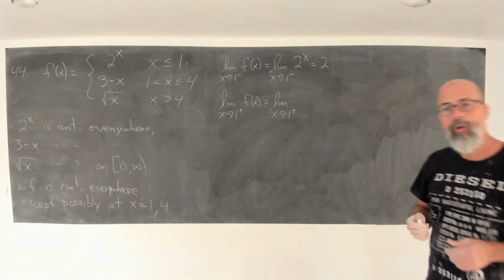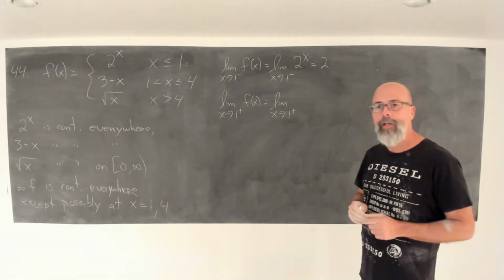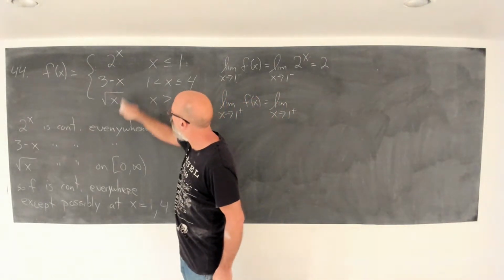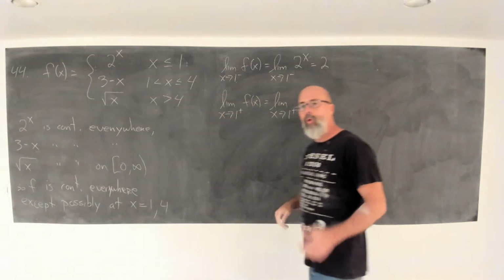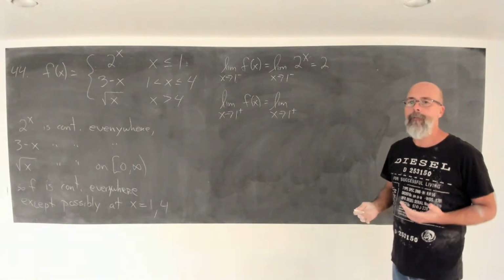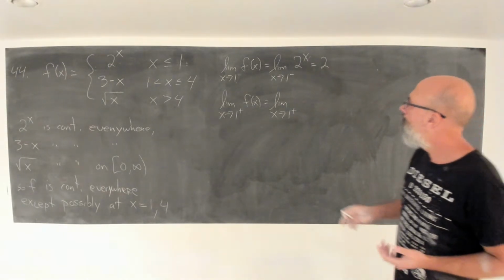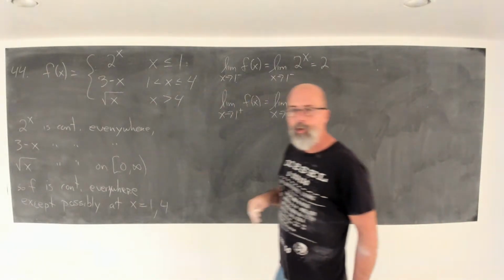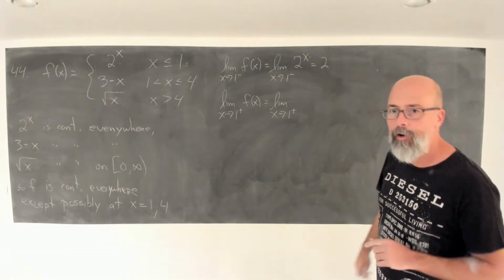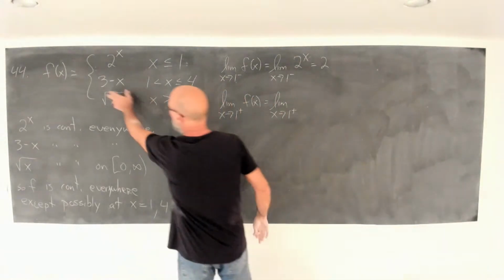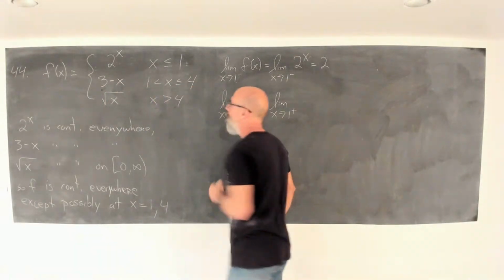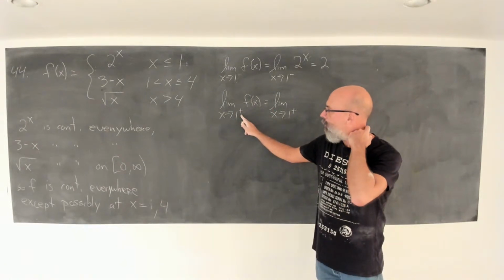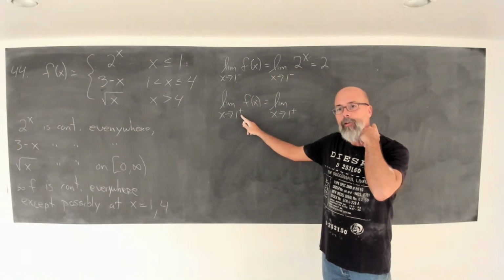Well, now, some of you might think there's an issue. When x is bigger than 1, which function do we use? Don't we have to consider both? The answer is no. We only need to consider one of them, namely this one right here, because the limit is the behavior as x goes to 1 from the right.